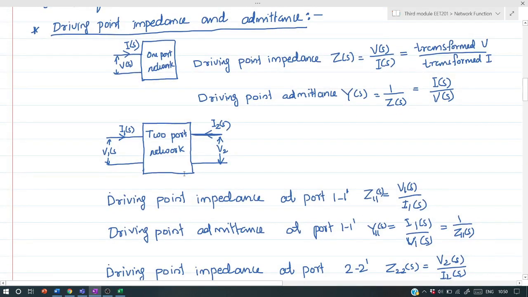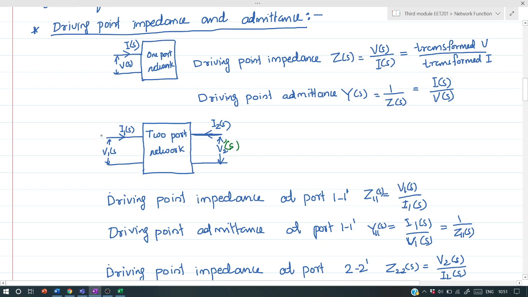Considering a two-port network, it contains two pairs of terminals, that is the input pair and the output pair. Say the input voltage is V1(s) and the input port current is I1(s). And similarly, corresponding to the second port, the voltage is say V2(s) and the current is I2(s). So the driving point impedance at port 1 dash, that is the input port, is Z11(s) equal to the transformed voltage to transformed current, V1(s) divided by I1(s).